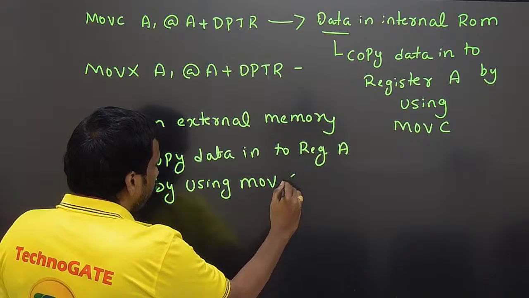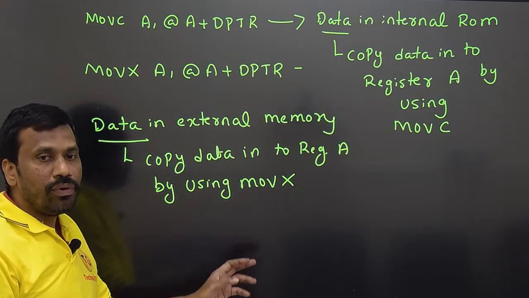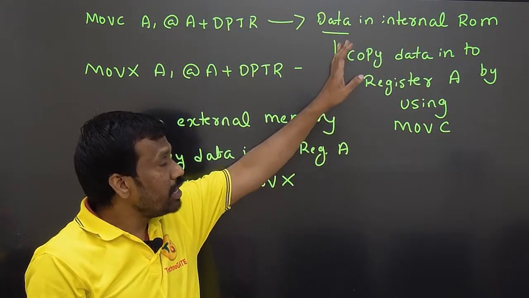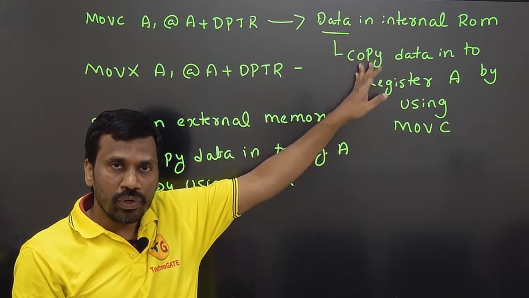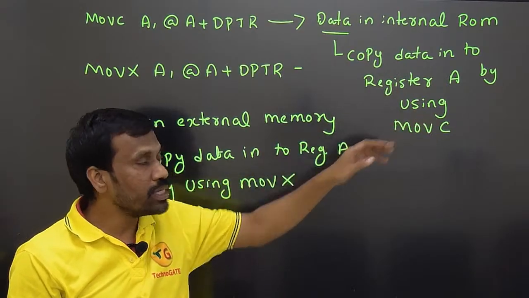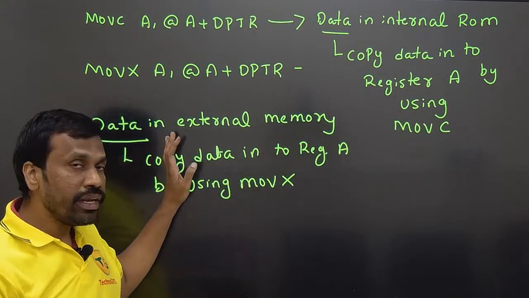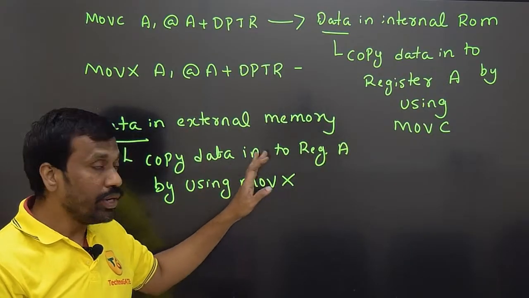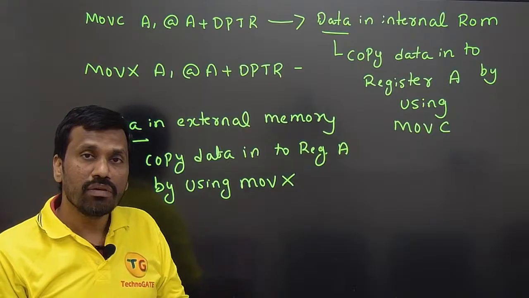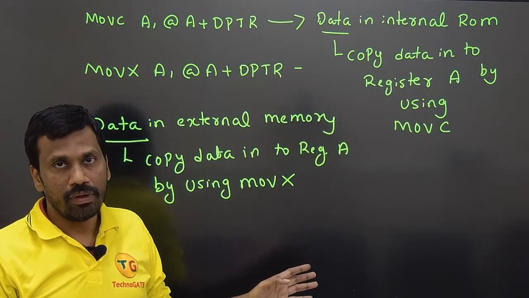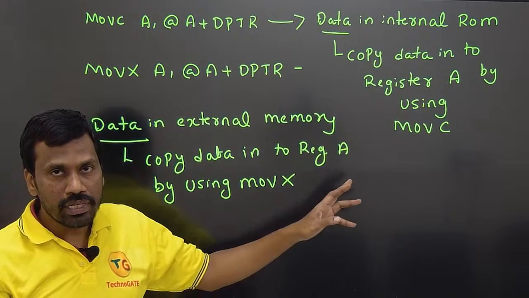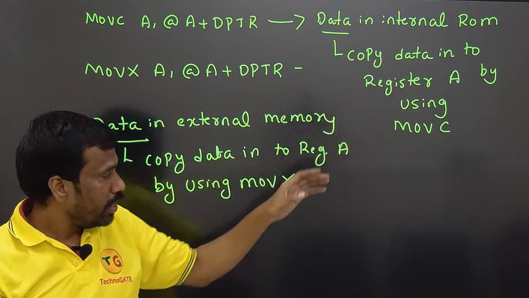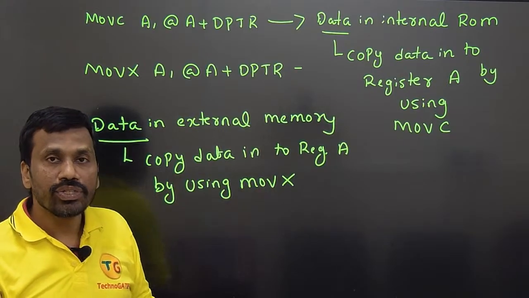So see the difference: when you have to use MOVC and when you have to use MOVX. Data in internal ROM that you want to copy into register A, you do by using MOVC. Data in external memory that you want to copy into register A, you do by using MOVX. So MOVC is related to internal ROM, and MOVX is related to external memory.